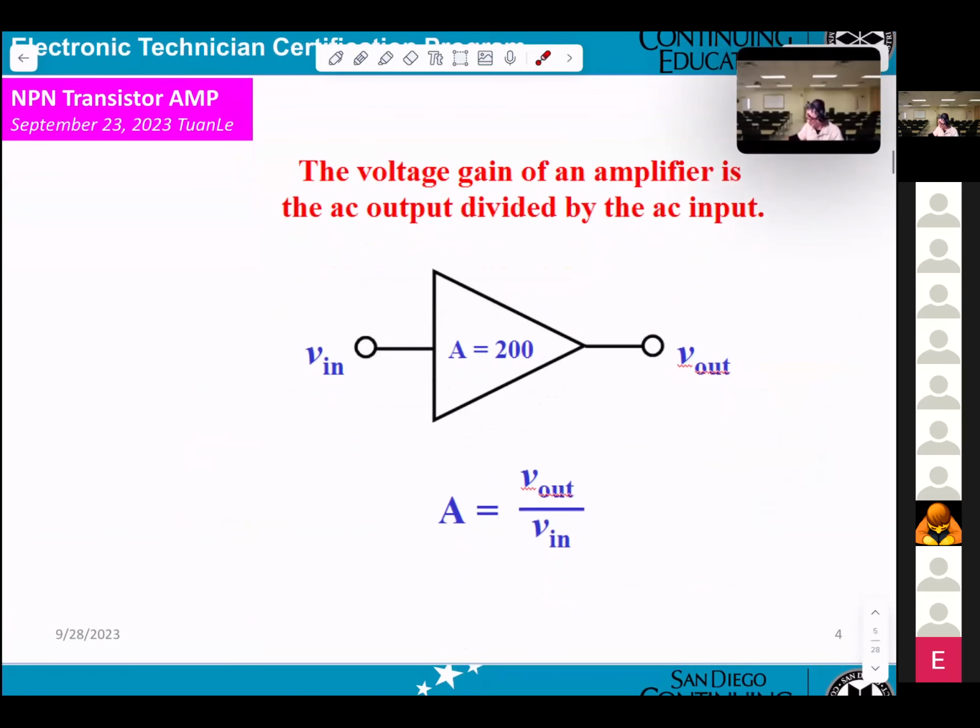Now, you get the input here, you get the output here, and the gain is 200. So basically by definition, the gain equals Vout divided by Vin. We already know that.